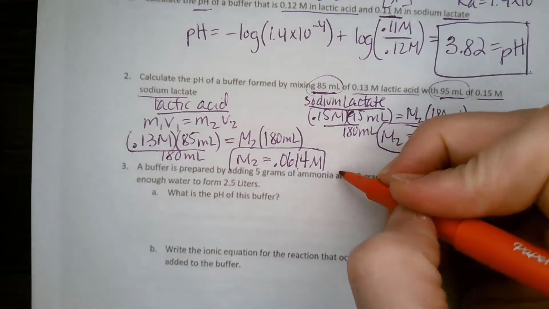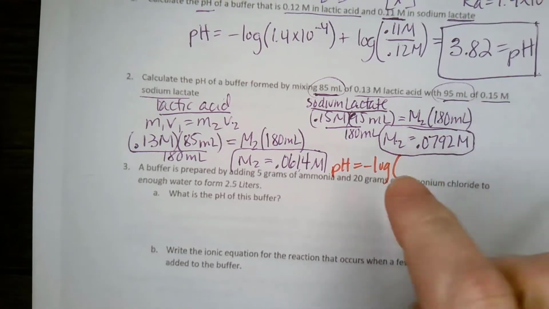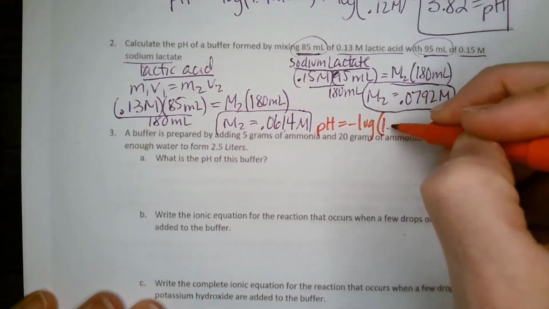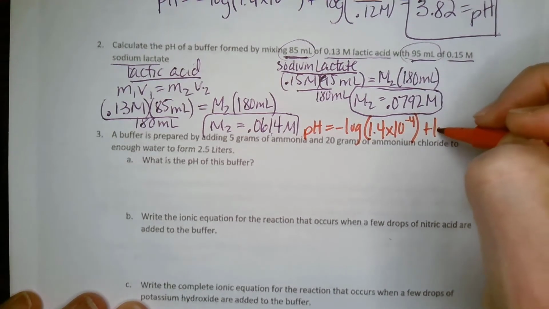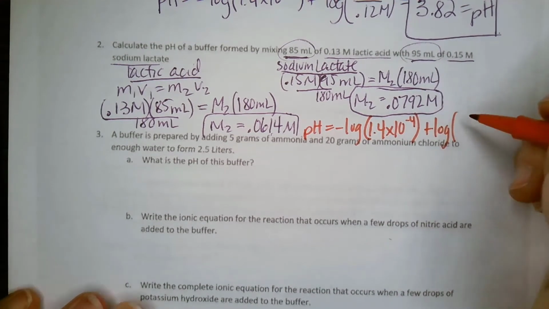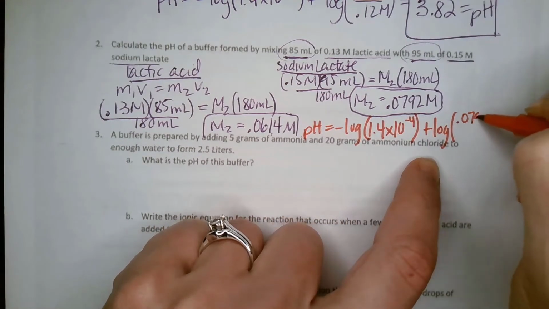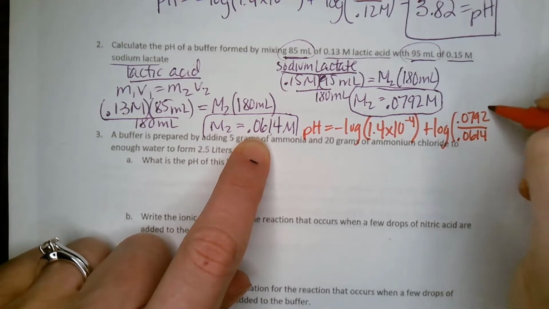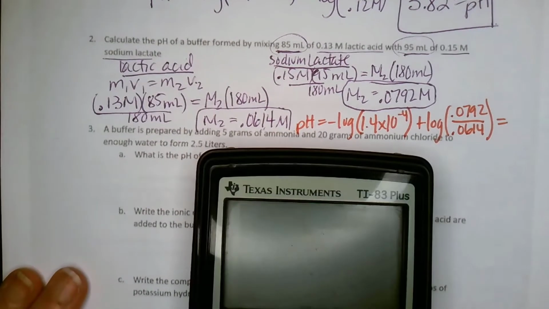We've got pH is equal to the negative log of the Ka of lactic acid, which we just found up here, 1.4 times 10 to the negative 4, plus the log of our base, which we said is 0.0792 over our acid, 0.0614.